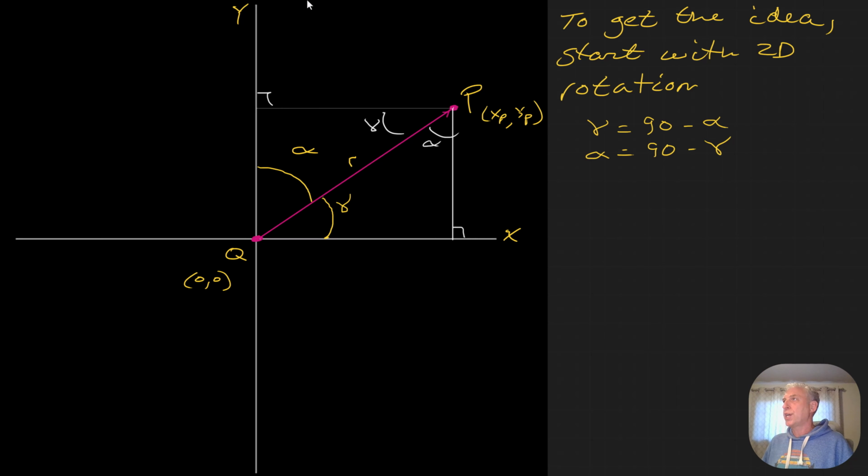We have our change in x up here, which is the same as down here, right? Because we have parallel lines. So that equals r cos gamma, which also equals r sine alpha. Basic trig.